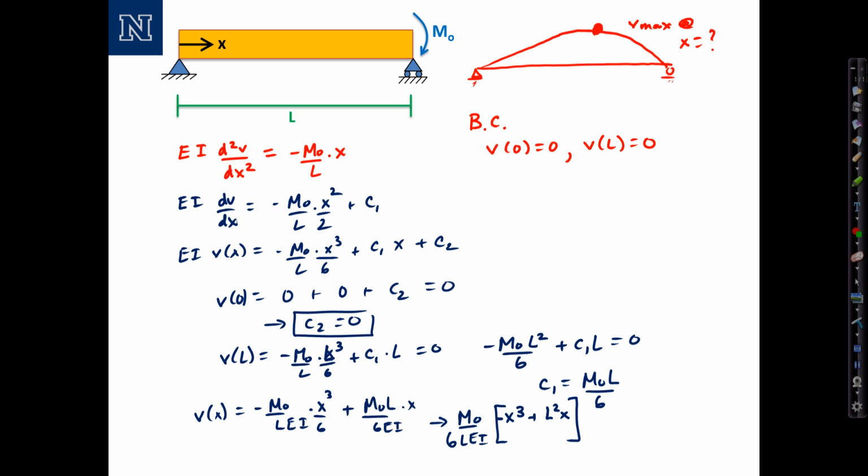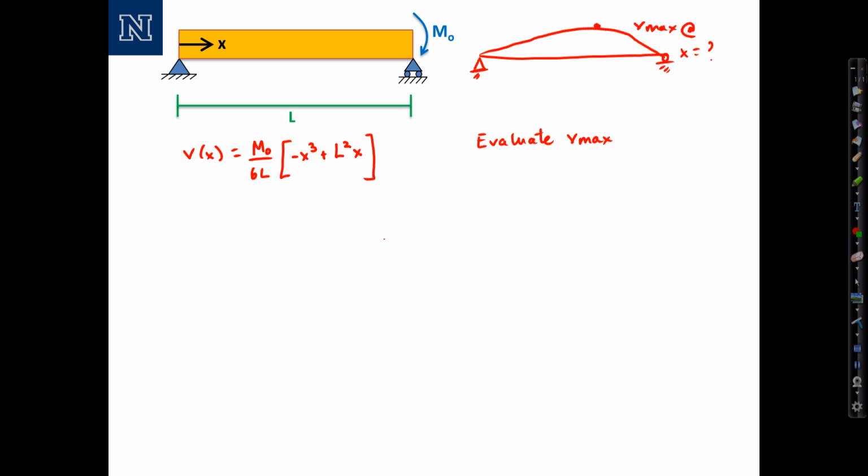I'm going to leave it in that form. So, v of x equals M0 over 6 L EI times negative x cubed plus L squared x.